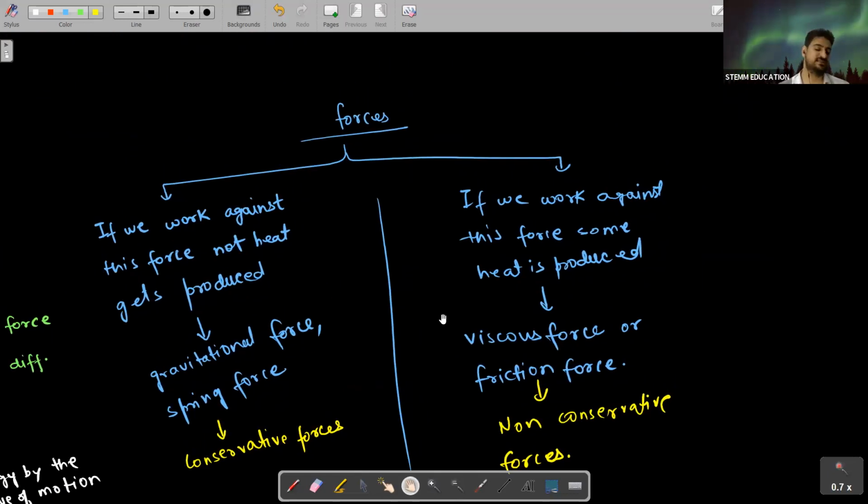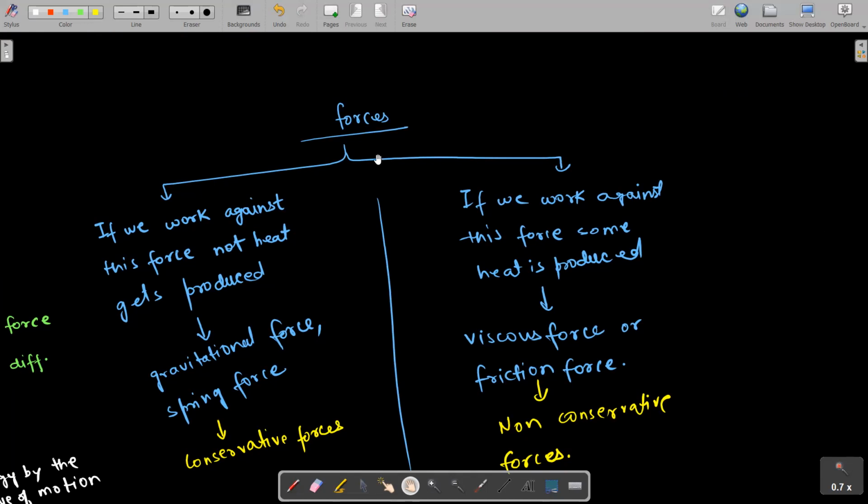So let's write it down. I would suggest you write down the difference between these two kinds of forces, conservative and non-conservative forces.